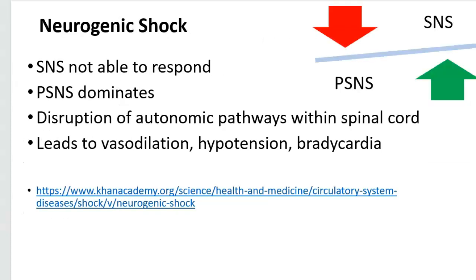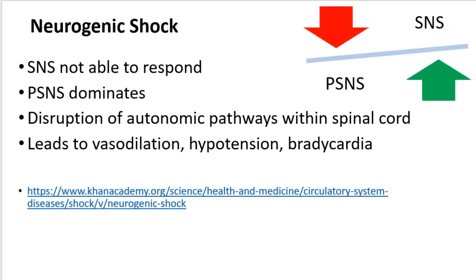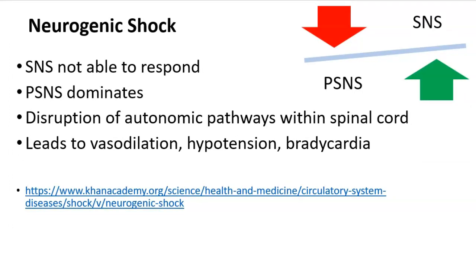All right, so the next section that we're going to go into is neurogenic shock. So in neurogenic shock, basically in normal times of stress, we rely on the sympathetic nervous system to give us the ability to constrict our vessels. In neurogenic shock, basically there's a disruption of the autonomic pathways within the spinal cord.